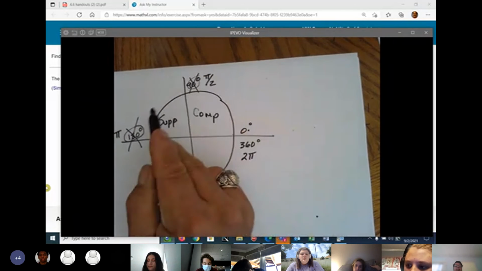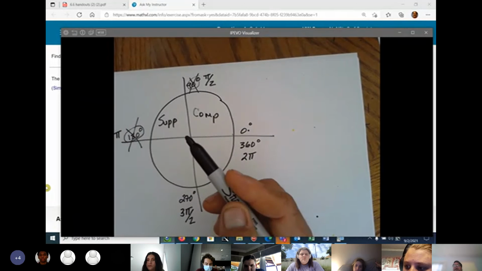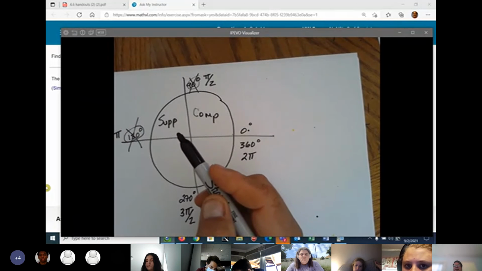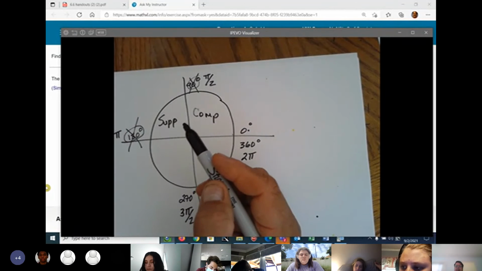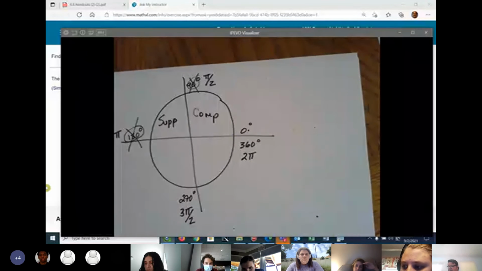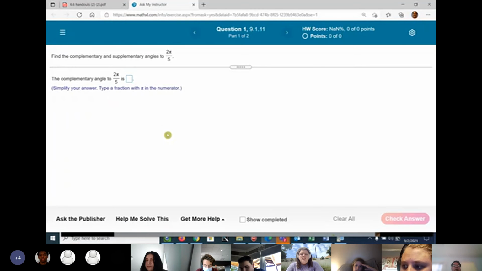You're going to use what? Pi over 2 and pi. Now you should be able to put it together. So let's take our handy dandy question. It says, find the complementary and supplementary angles to 2 pi over 5.